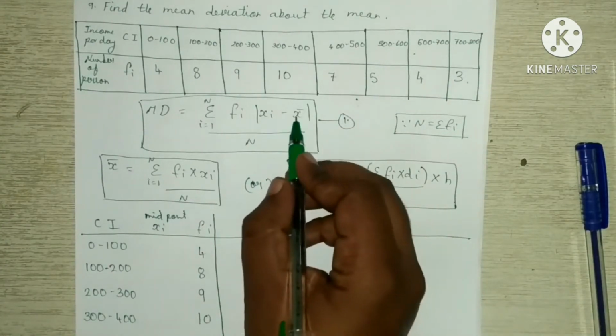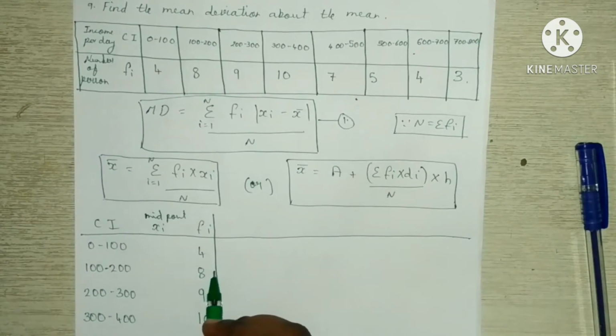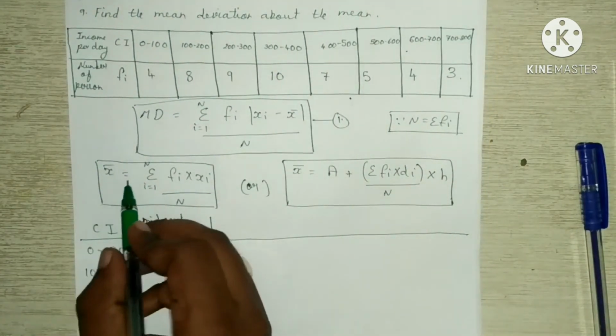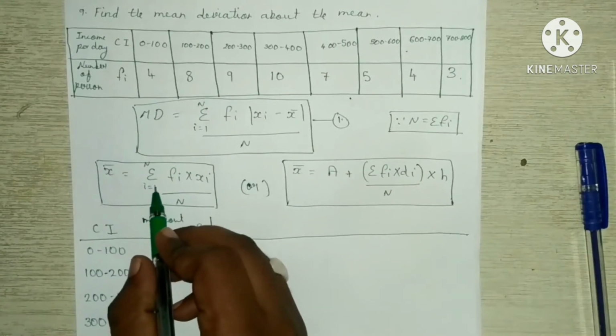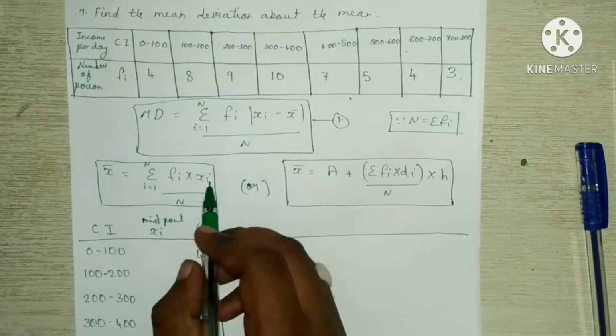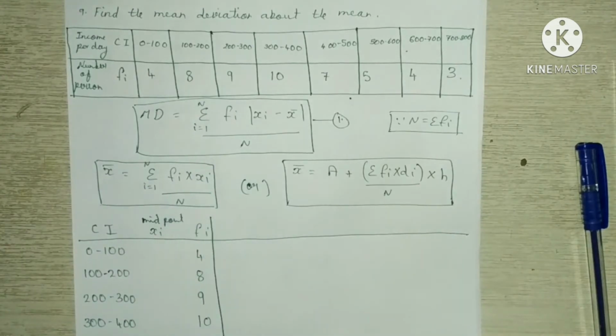To find x bar we have two formulas to solve this. First one, x bar is equal to summation, i varies from 1 to n, fi into xi, whole divided by n.